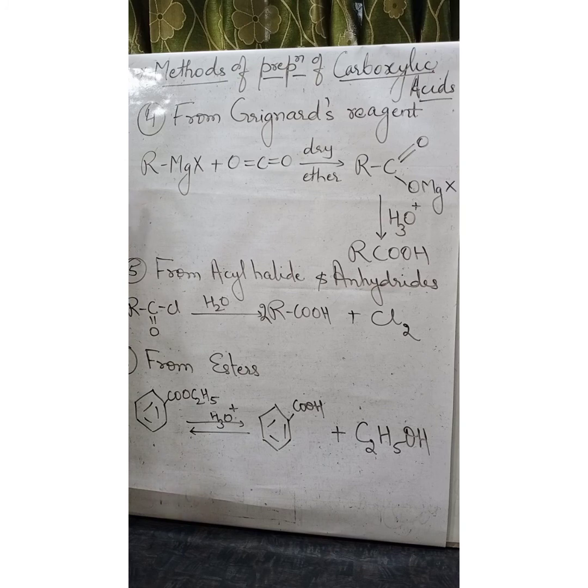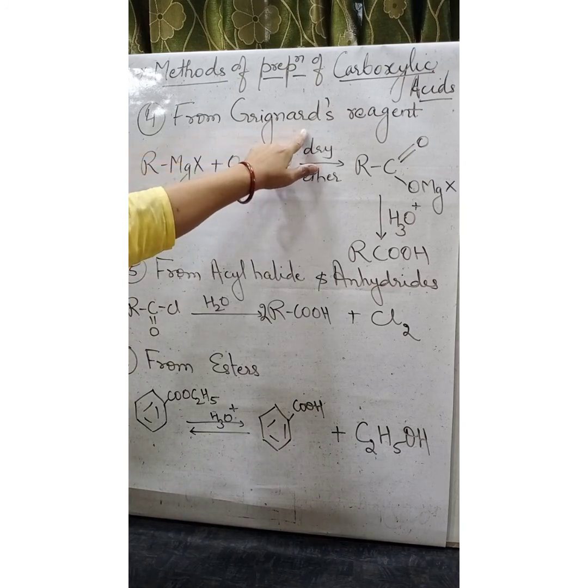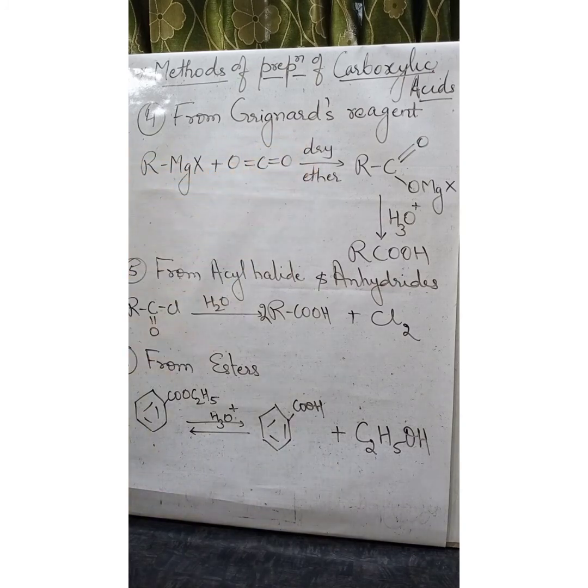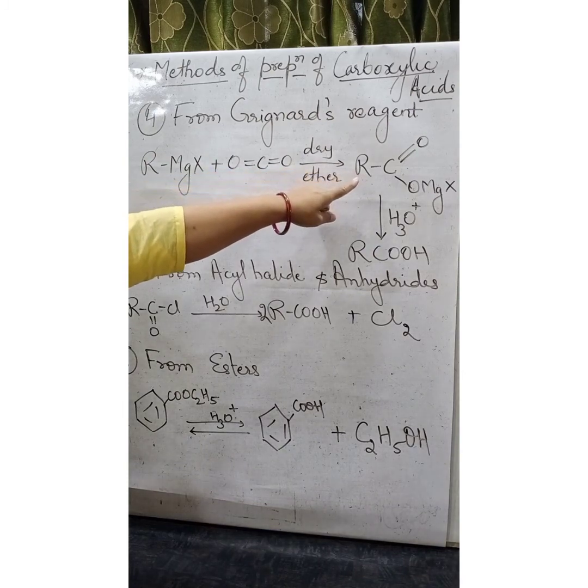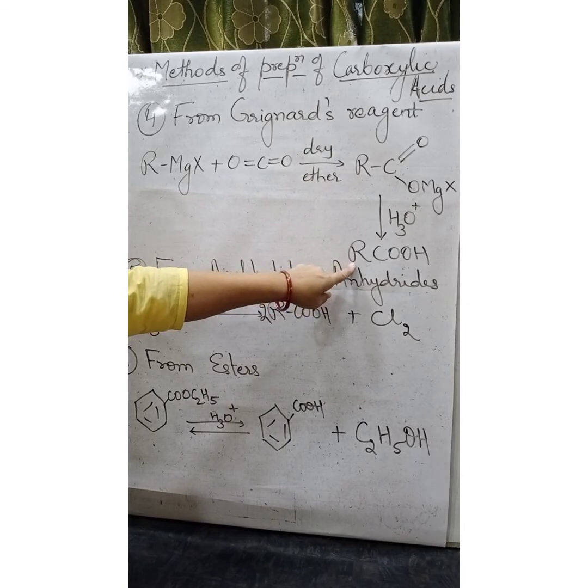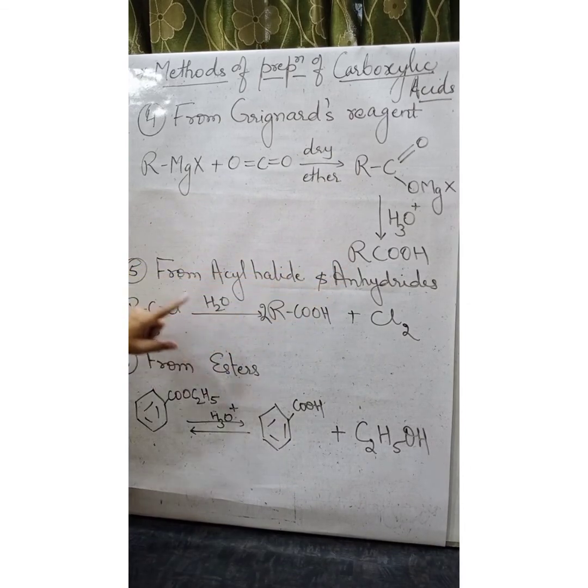Carboxylic acids can also be prepared from Grignard reagent. Grignard reagent reacts with dry ice to form salts of carboxylic acid, which on acidification with mineral acid gives carboxylic acid.